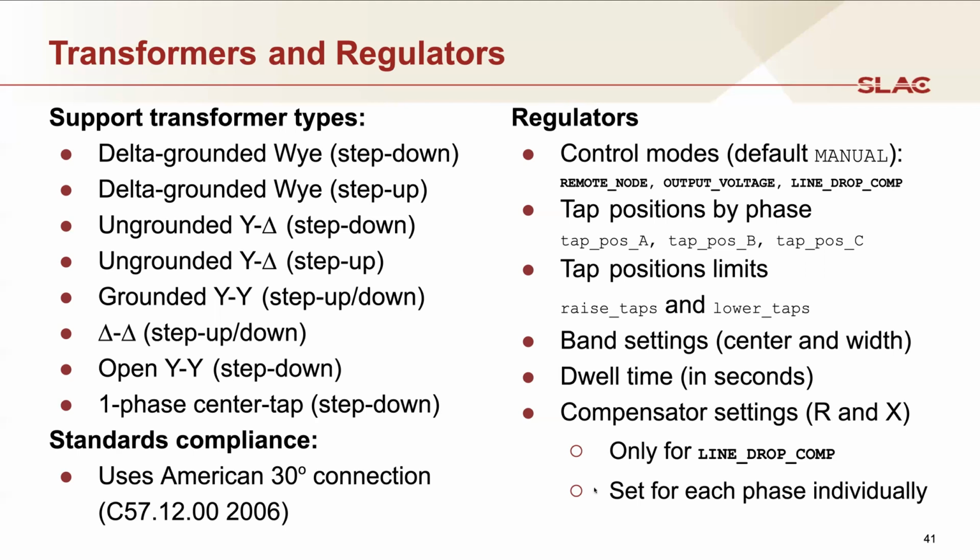The impedance information, as well as the information for each phase. All the controls require you to set the band and the dwell, so the band center, band width, and the dwell time, as well as possibly the limits on the taps.